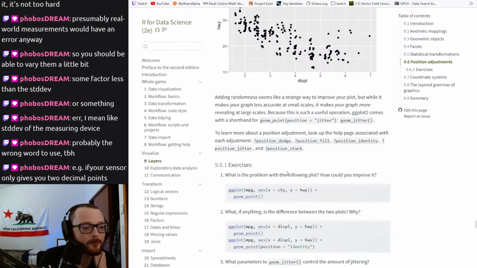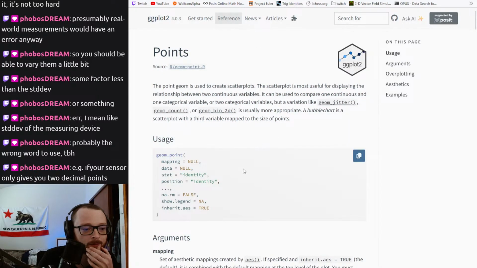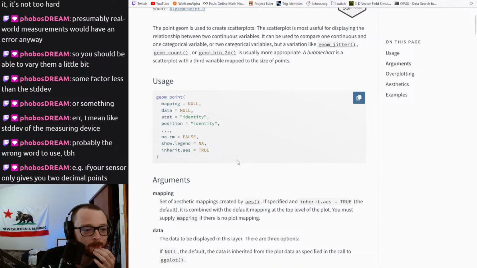Since it only gives you, oh yeah, so you could safely do it by like three decimal points, I guess. Okay, so does geom_point have a parameter that says don't mess with my scales, please make them the same? Or maybe do mess with my scales, I don't know.